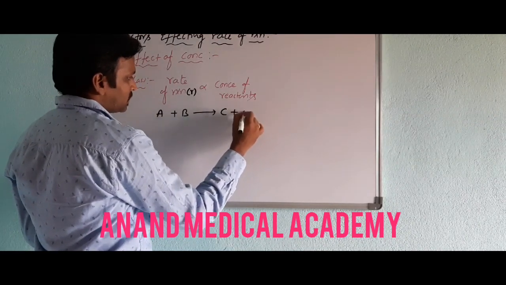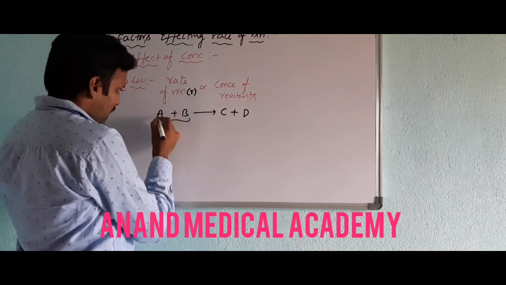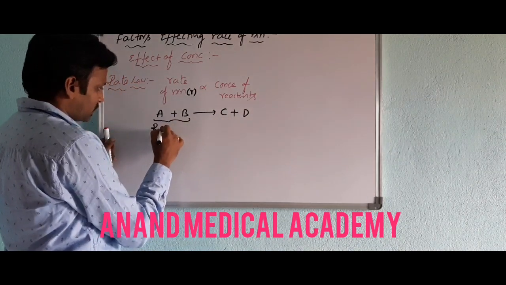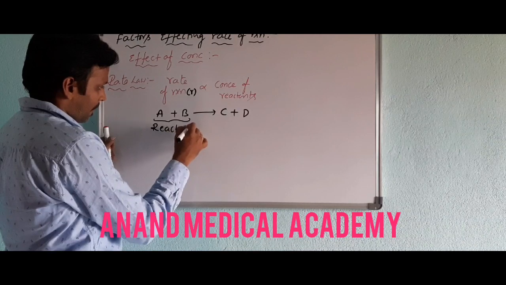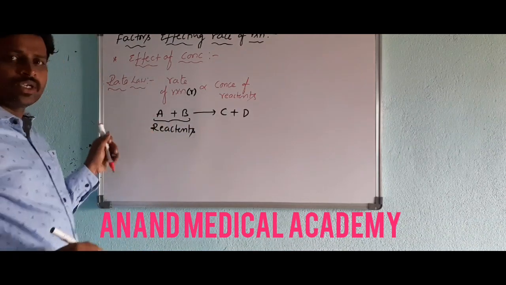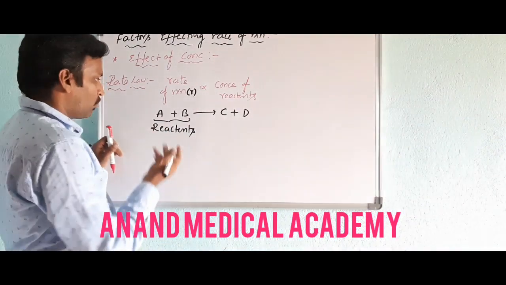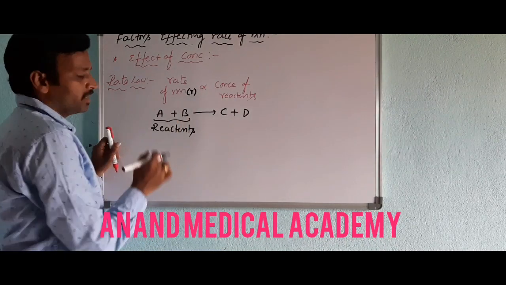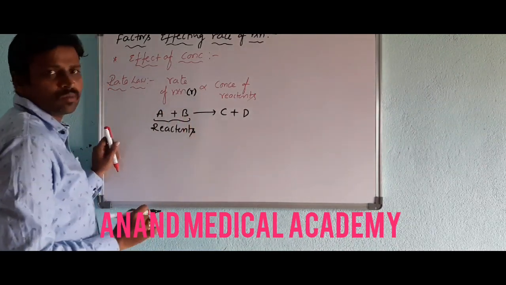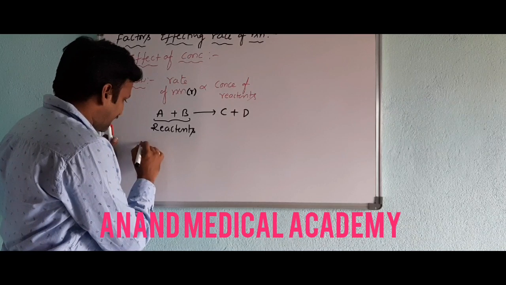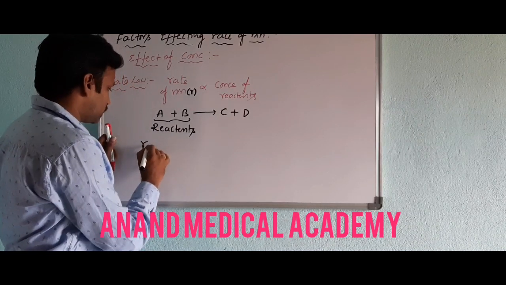Okay, so for a reaction, suppose A plus B gives rise to C plus D. Who are the reactants? A and B are the reactants. Only reactants you have to consider. How many moles? 1 mole and 1 mole. So what is the rate of reaction?